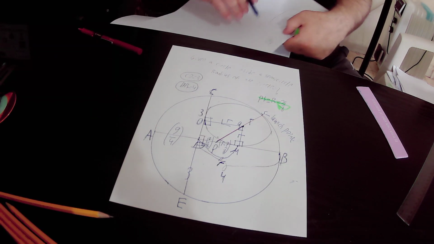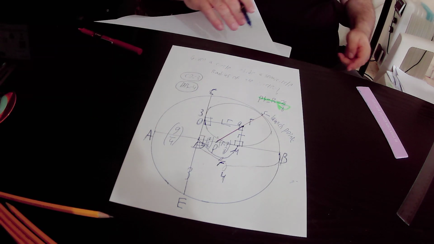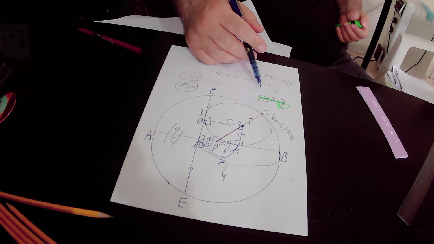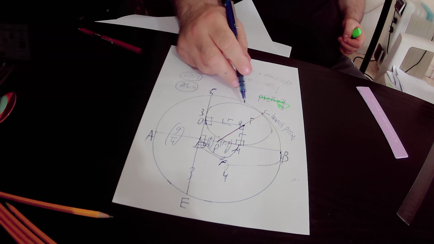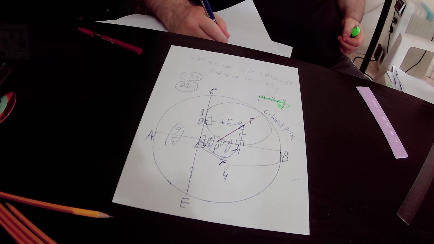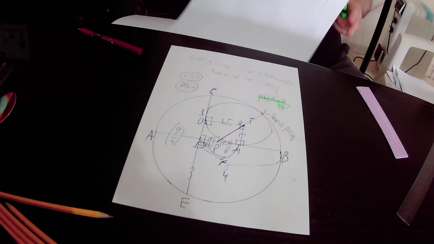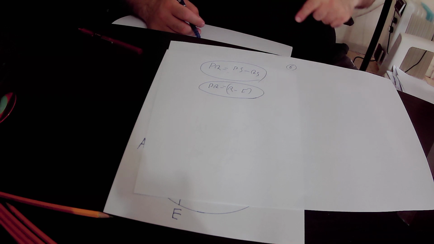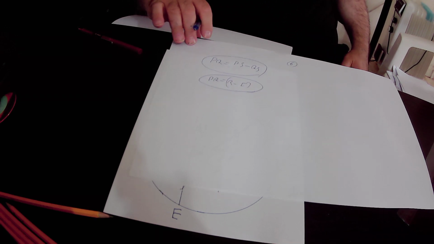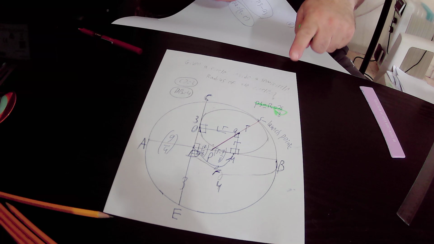But according to what we have just found out, PS equals capital R. So we substitute PS by capital R, and QS equals small r. So in conclusion, the length of line segment PQ equals capital R minus small r. And we have also found out that capital R equals 25 over 8 units.